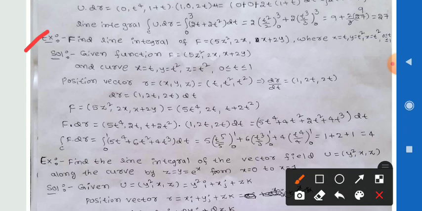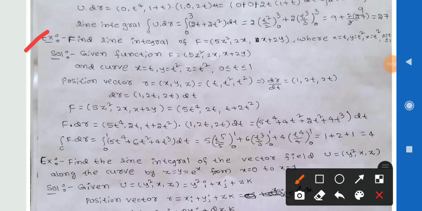Now the second problem. Find the line integral of F. Here F is the given vector field, F is equal to (5z^2, 2x, x + 2y), where x is equal to t, y is equal to t^2, z is equal to t^2.